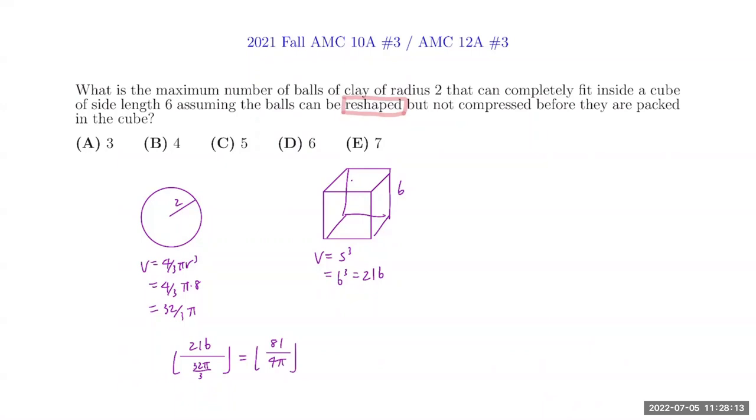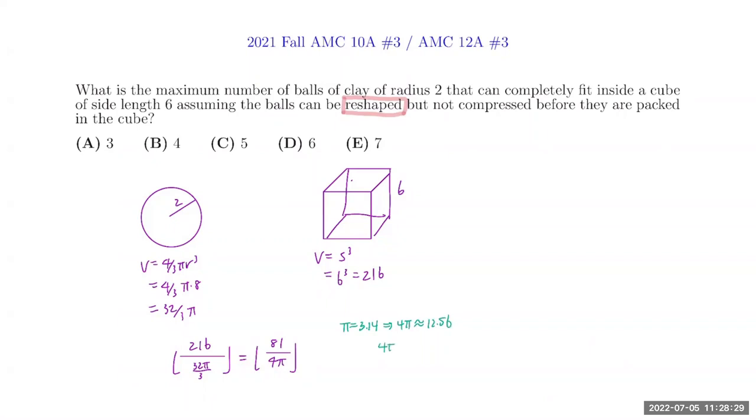First off, we can notice that pi is around 3.14. So that means 4 pi is going to be around 12.56.